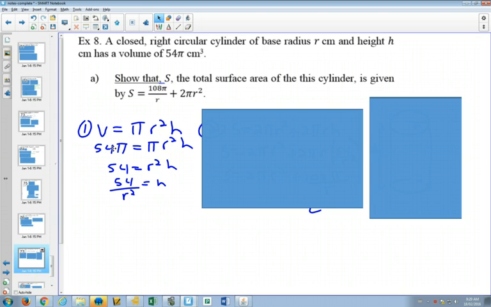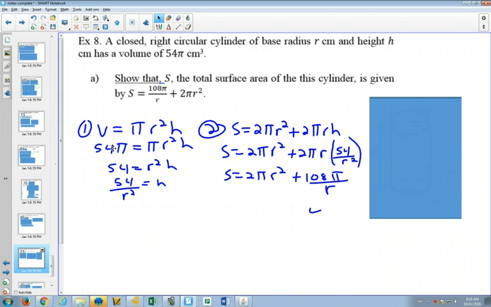The reason that's important is because our surface area formula is 2 pi r squared plus 2 pi r h, but what we're supposed to show doesn't have any h's in it. So we needed to solve for h so we could plug that in for h, multiply things through, and we do get our surface area to be 2 pi r squared plus 108 pi over r.